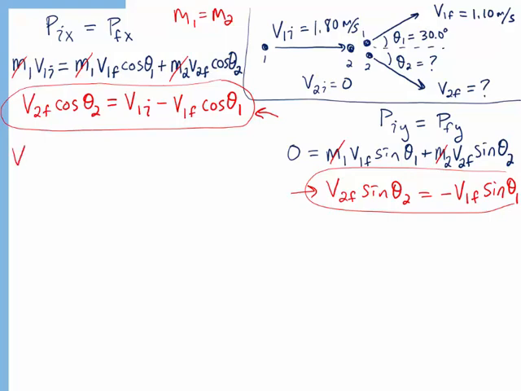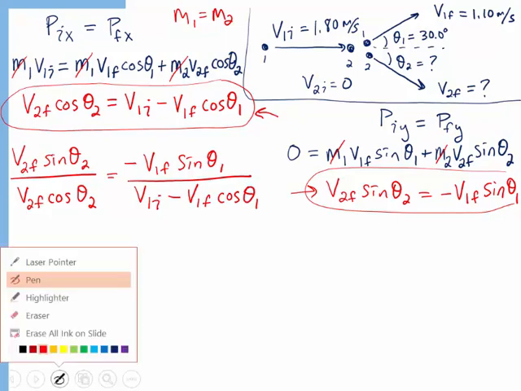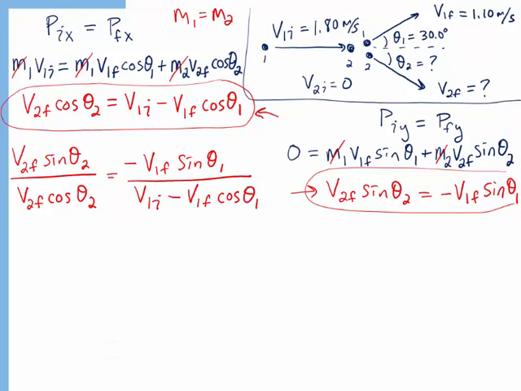So I get v2 final sine theta 2 divided by v2 final cosine theta 2 on the left. And on the right, I get negative v1 final sine theta 1 divided by v1 initial minus v1 final cosine theta 1. The reason that's a good way to do it is you'll notice everything on the right we know.